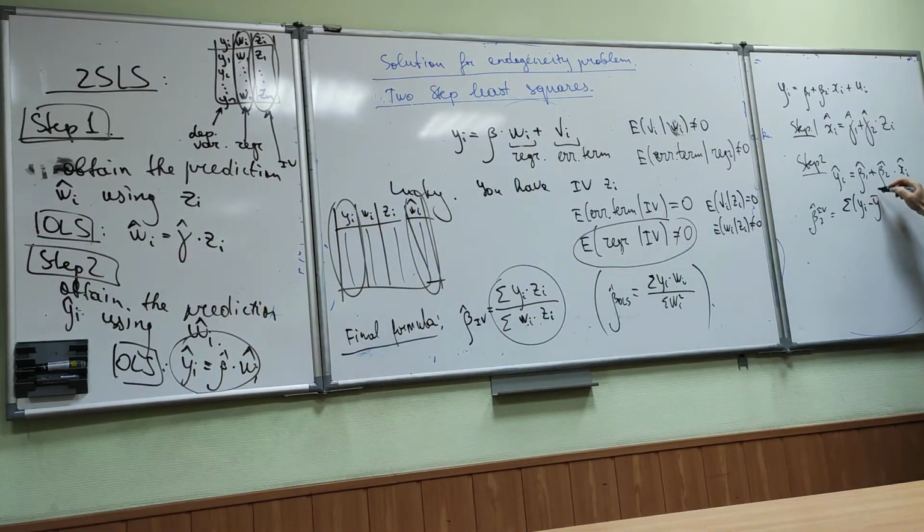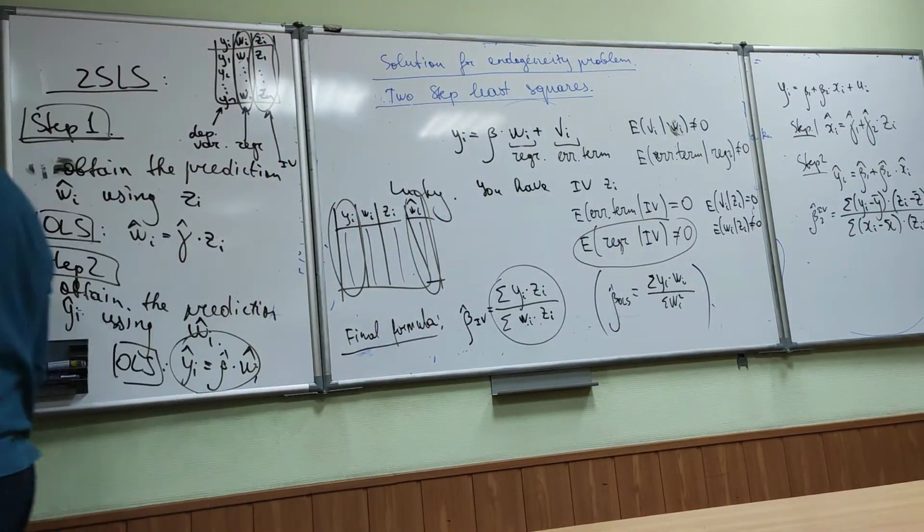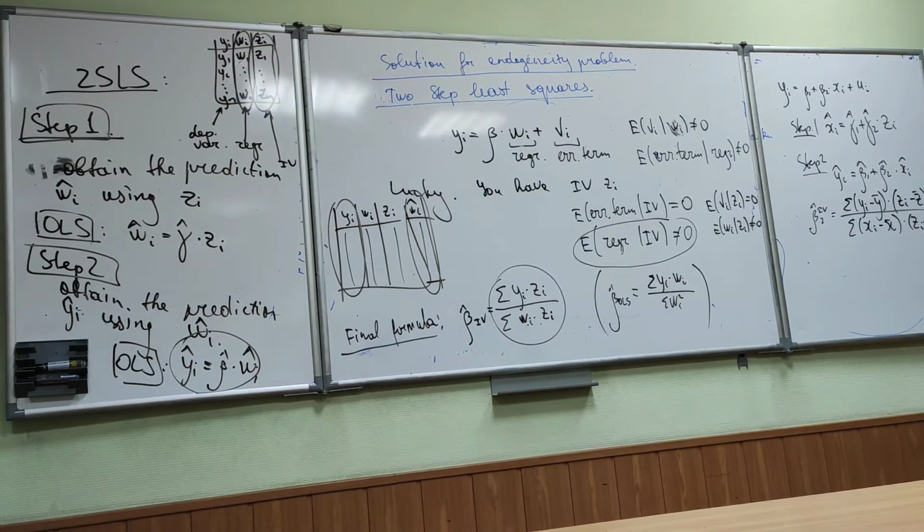Y minus y bar, yes, times z minus z bar, divided by the sum of z minus z bar times x minus x bar. So in every term I have removed the average value.